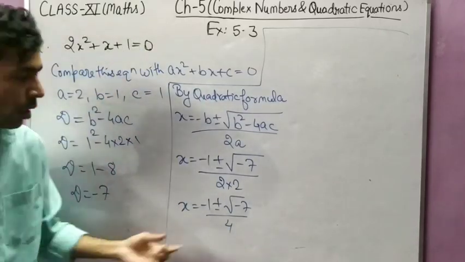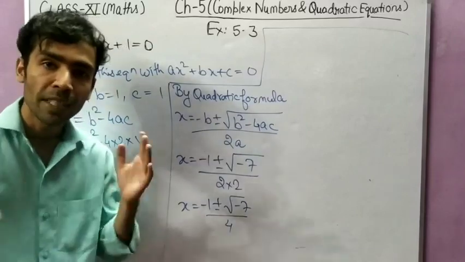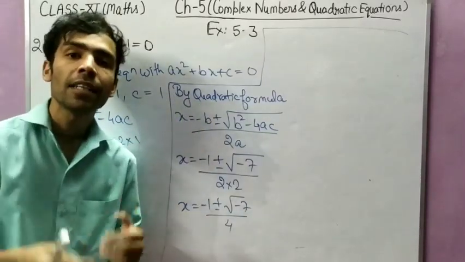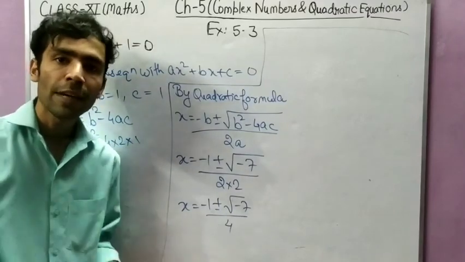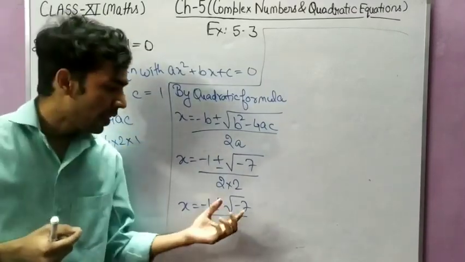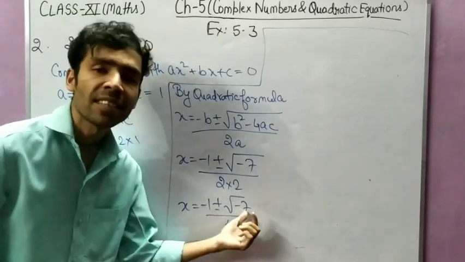We got a negative number inside the square root. So this quadratic equation does not have any real roots. What type of roots will it have? Complex roots. Whenever we write the answer, we never put anything negative inside the square root.